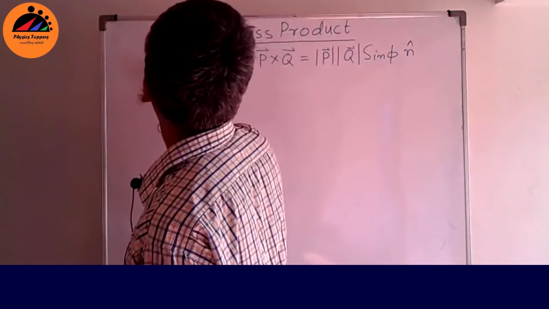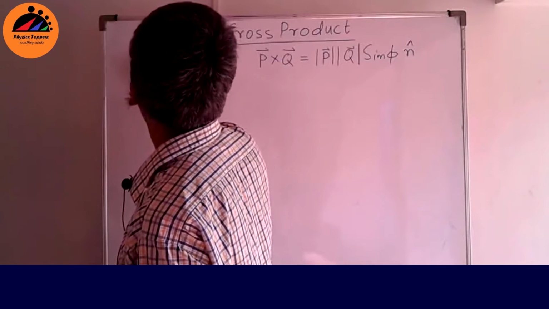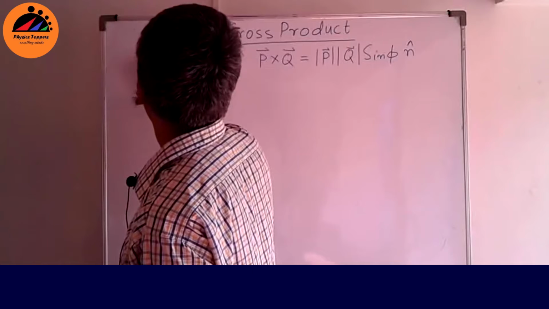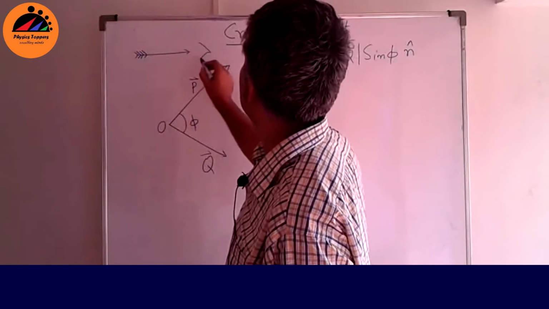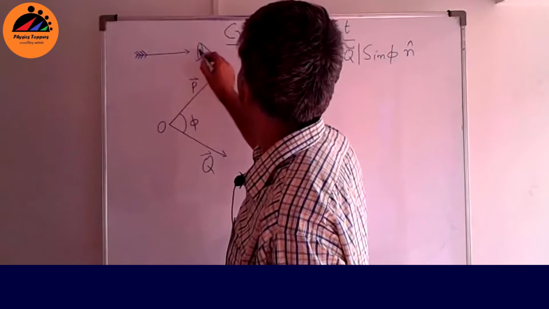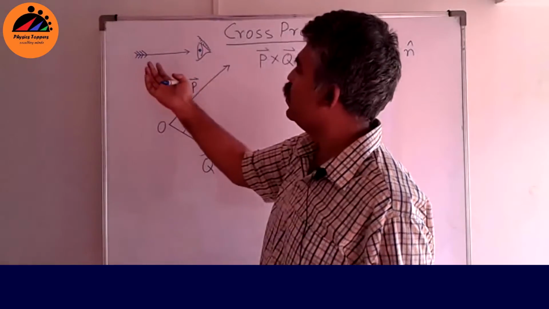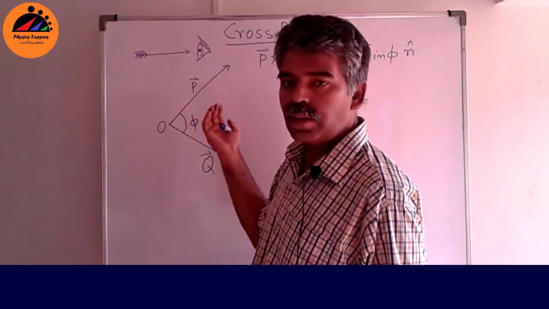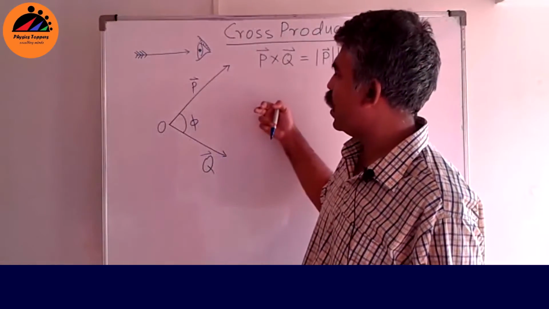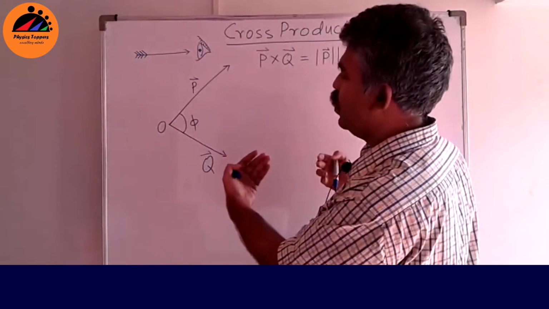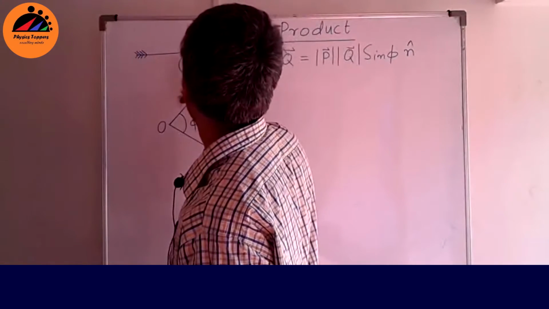Suppose you take an arrow and you look from this side, what shall you see? The arrow is coming toward you, right? So if the vector is coming out of the board, that means you are looking into the board and the vector is coming out of the board, the symbol will be like this.